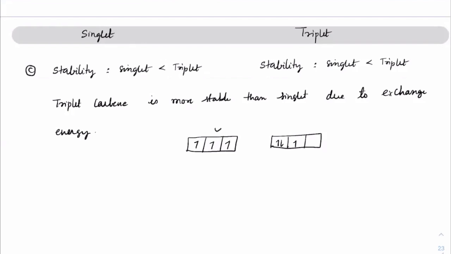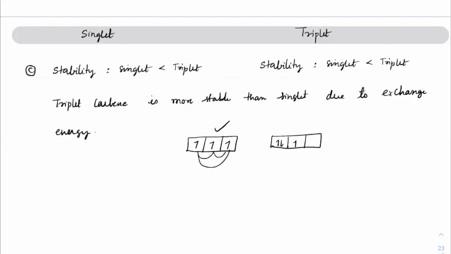We will always go for this type of configuration. The reason is the number of exchanges that it can make. So there are 3 exchanges possible here. More the number of exchanges, which means more movement of electrons around the nucleus, and that decreases the electronic repulsions and increases the stability.